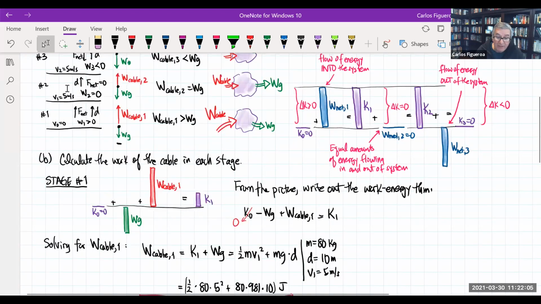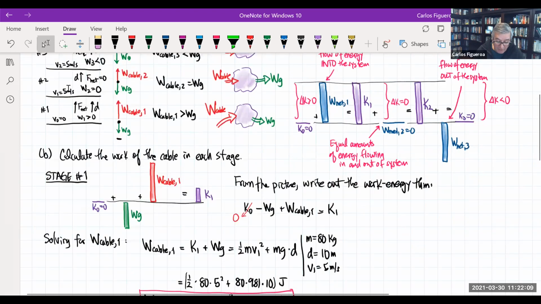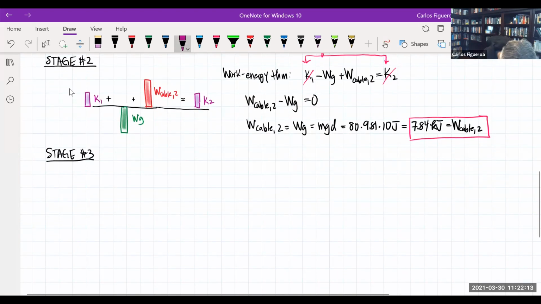It's got to bring the kinetic energy to 0 now. So the work has to be negative here. So here I go. Now, where am I starting at? I'm starting at K2. One of the things that might be useful is that we know that at the end, the kinetic energy at 3 must be 0.